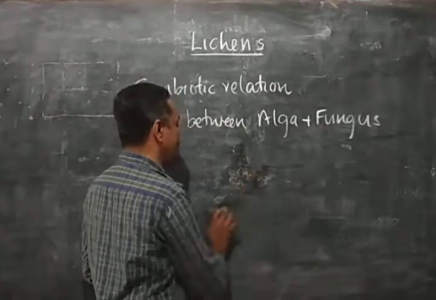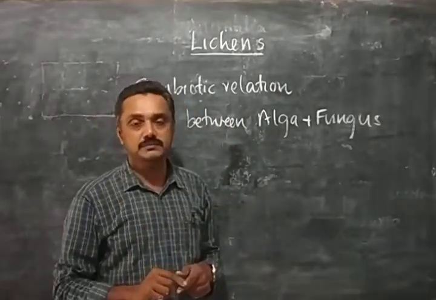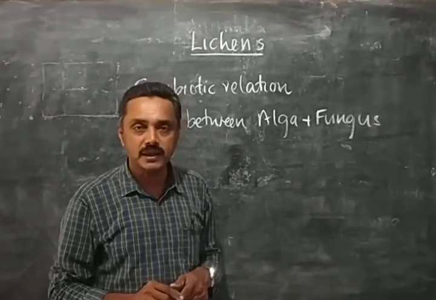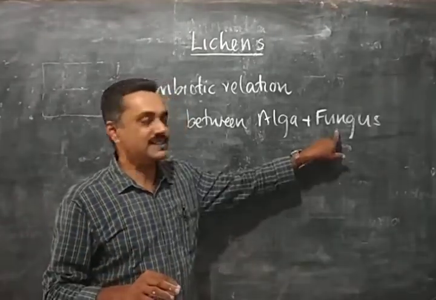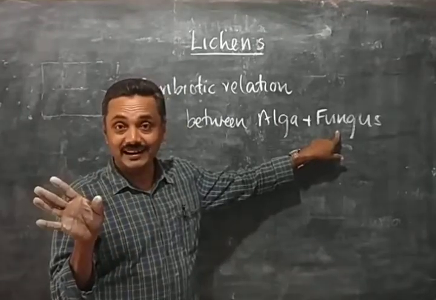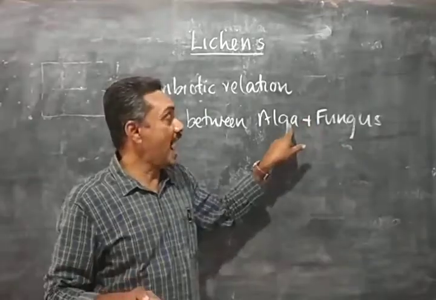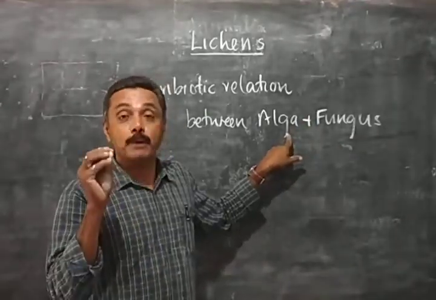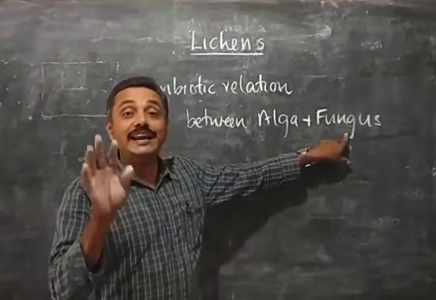So symbiosis means, here lichen means one alga and one fungus. You know what is the color of alga? Alga is green in color, living in water. Fungus is not green, heterotrophic. So alga is green, producer, autotrophic. Fungus is non-green, heterotrophic.